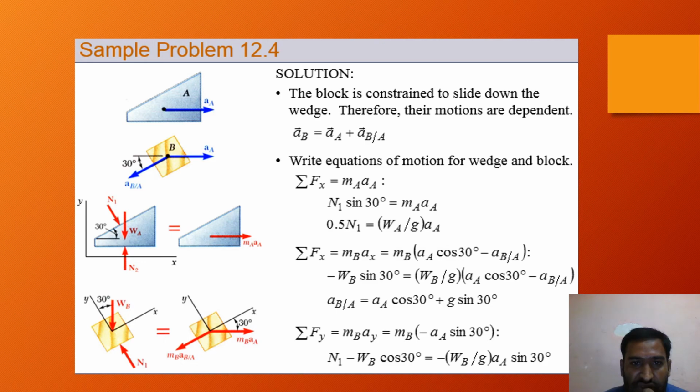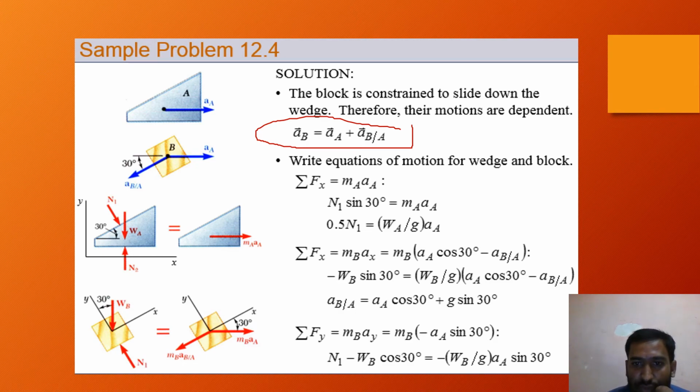The solution is here. The block is constrained to slide down the wedge, therefore their motions are dependent. That is the equation: a_B is equal to a_A plus a_B/A.